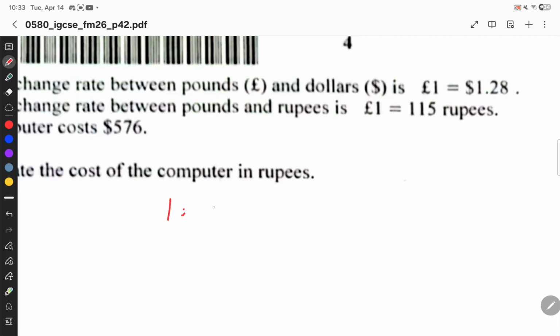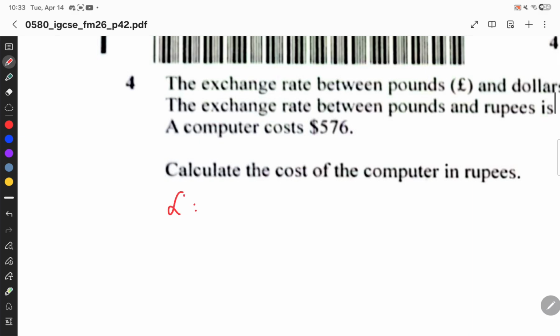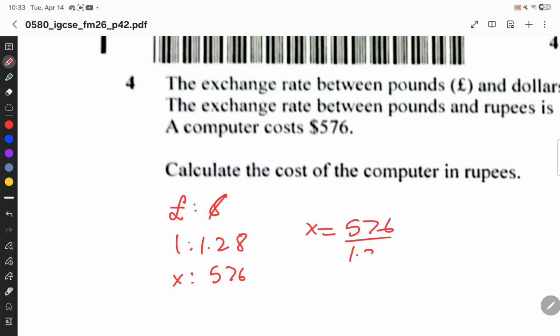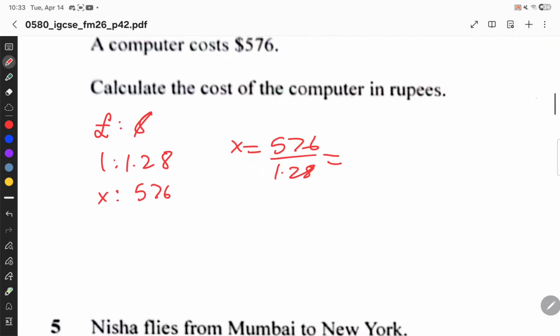This is 1 to 1.28, euro to dollar, 576 to x, so x is equal to 576 divided by 1.28, which is equal to 450.